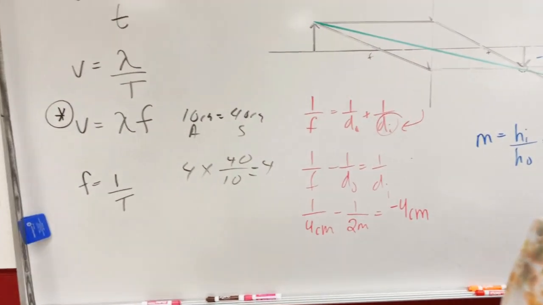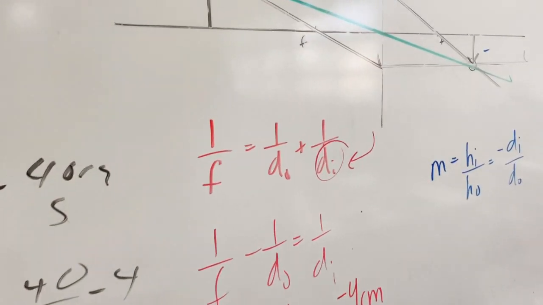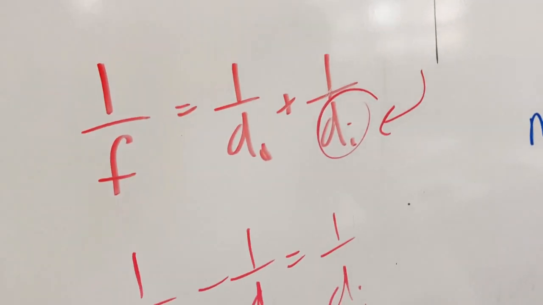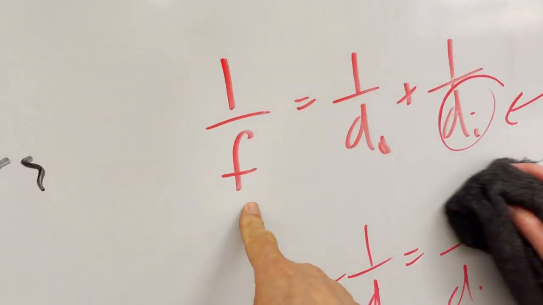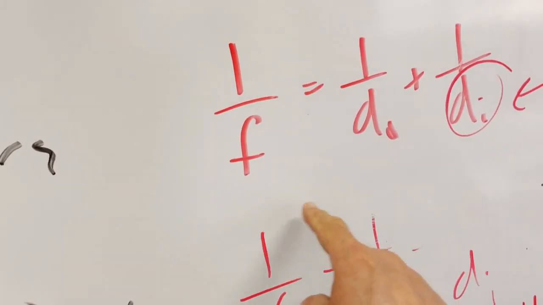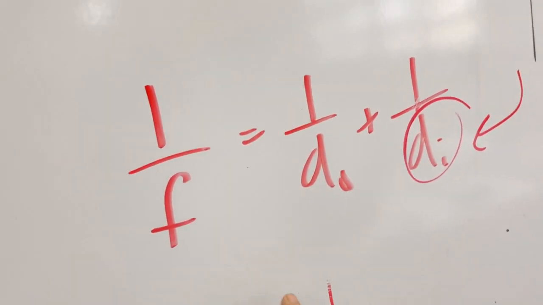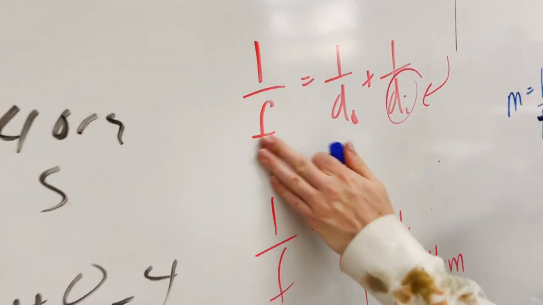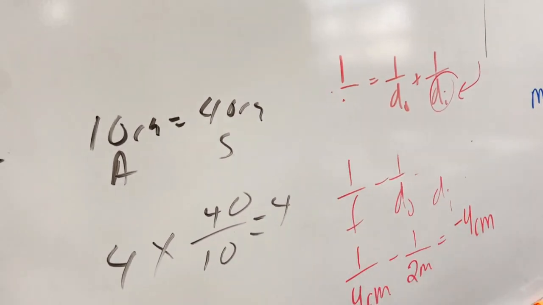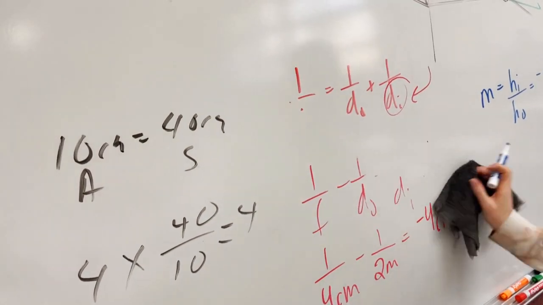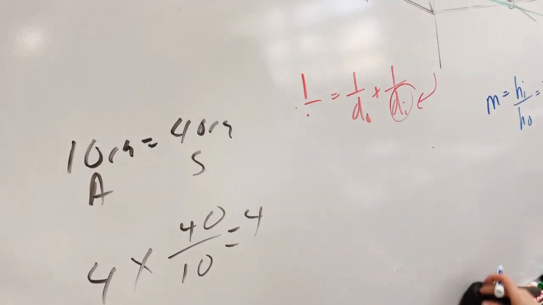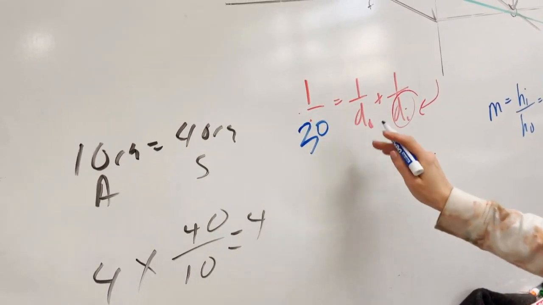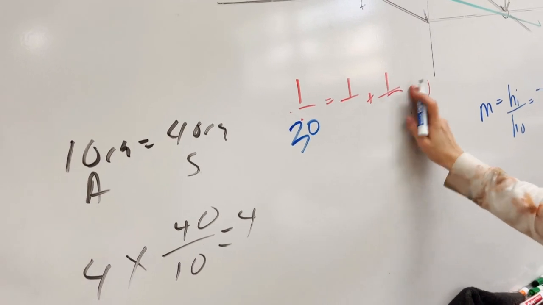Now let's look at the lens equation here. If this is 30, what plus what is going to be 30? We don't need this part down here, so I'm going to erase that part.